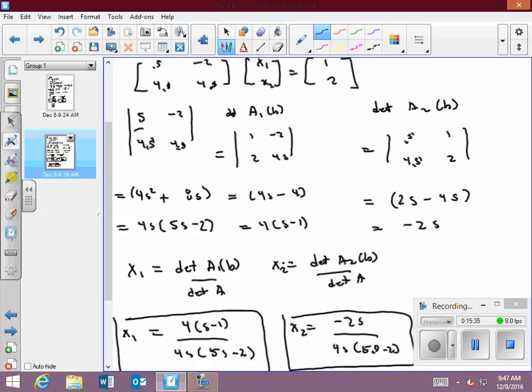Okay, so I was wrong all over the place. Okay, so then this is a 4s out, right? Times s plus 2. 4s over s plus 2.